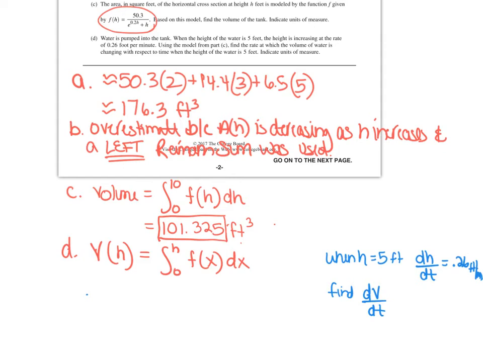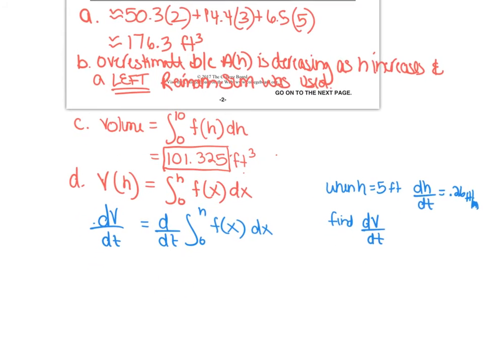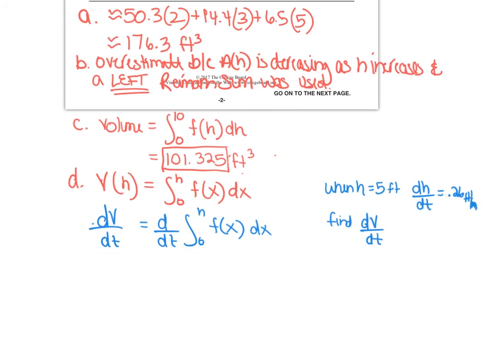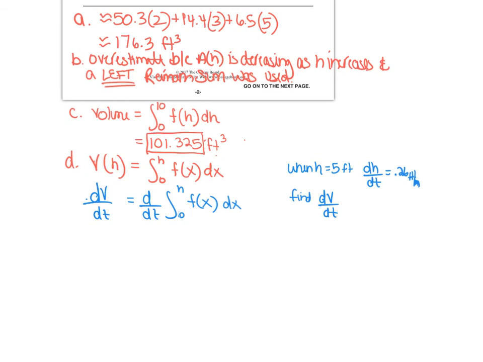So we will take the derivative of both sides, and our derivative of volume with respect to time, that's what we're trying to find, is just dV/dt. And that is going to equal our derivative with respect to time of this integral. Okay, and how do we find that? That's where our second fundamental theorem of calculus comes in. So remember, we just plug in our variable anywhere we have an x.